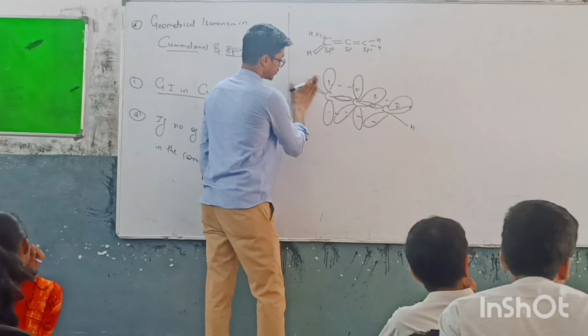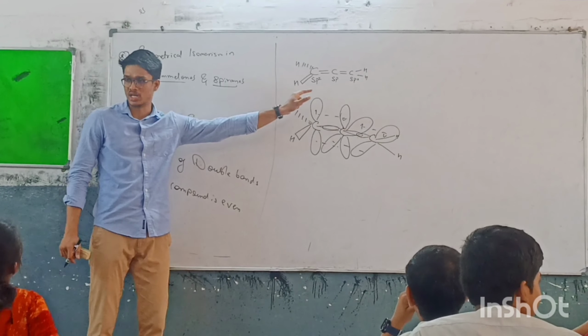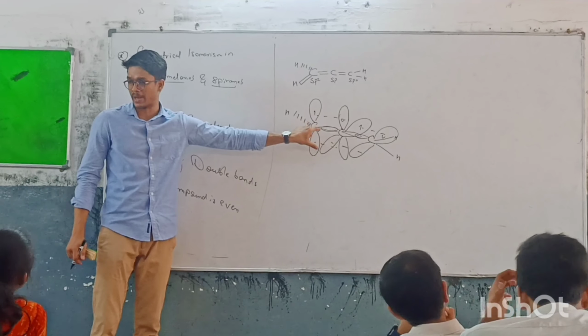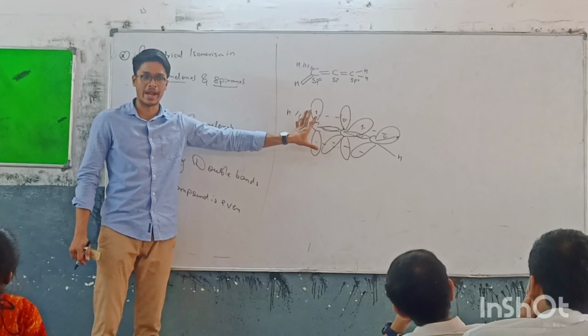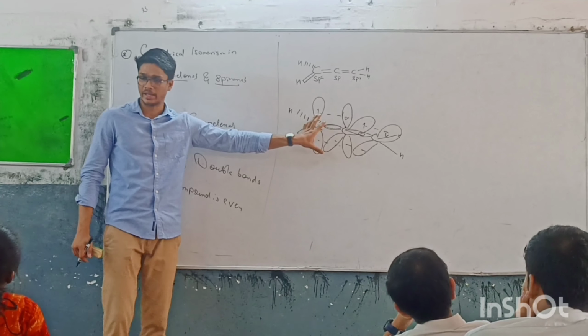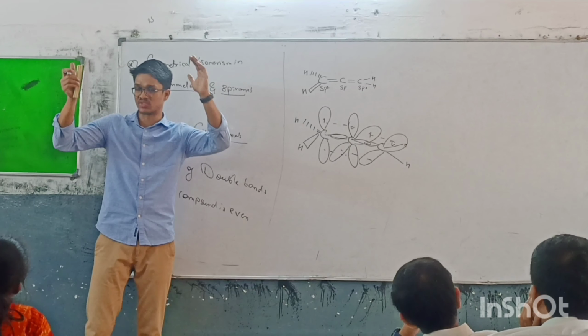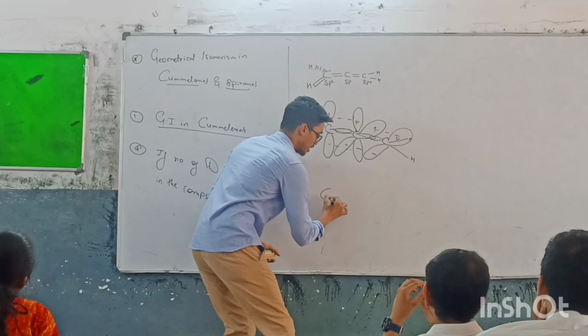See, when the number of double bonds is even, at that time the terminal atoms are not in the same plane. Why is it not the same plane? Because one is forming a pi bond like this, and one is forming a pi bond with the slanted p orbital.